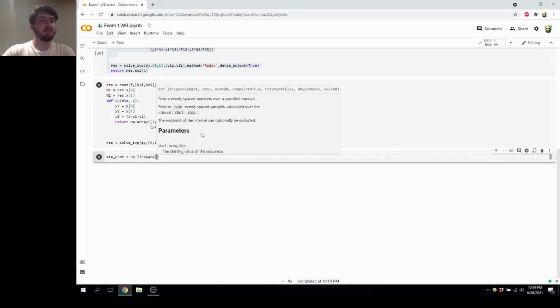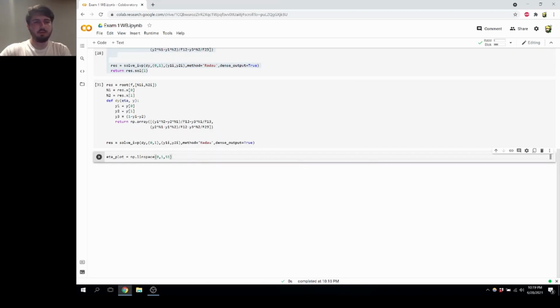And linspace allows us to kind of start off our graph. So we're going to have it from 0 to 1 because those are the parameters of eta. And we're going to have it as 51, and that just allows us to evenly space things out.